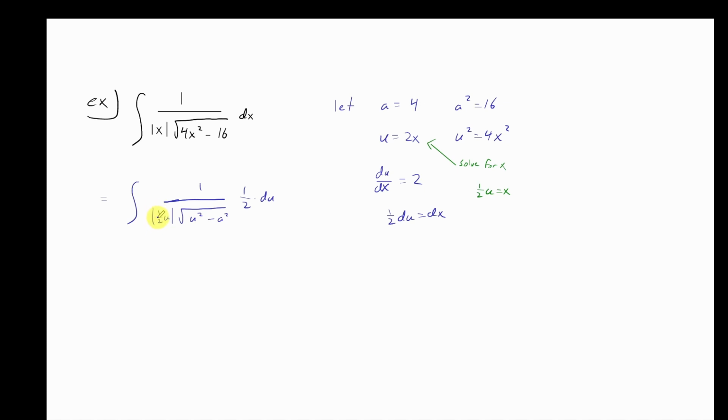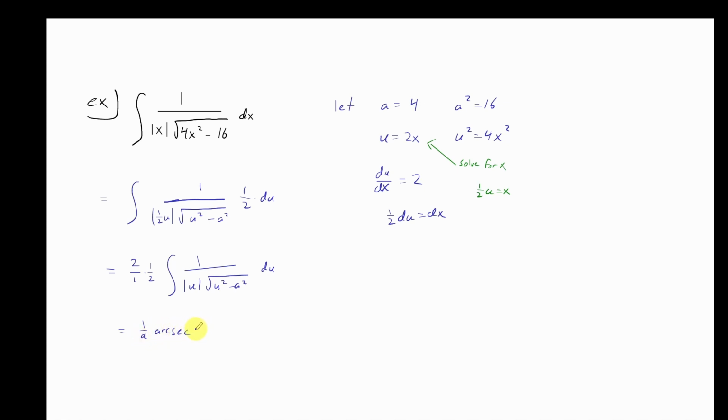I'm going to take this 1/2 and factor it out. It's a 1/2 in the denominator, so I can bring it into the numerator as a 2. This 1/2 I can bring out. So now our integral exactly matches an arcsecant, and the 2 and the 1/2 will cancel.